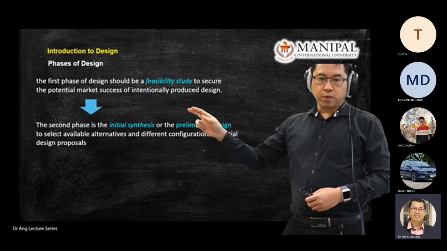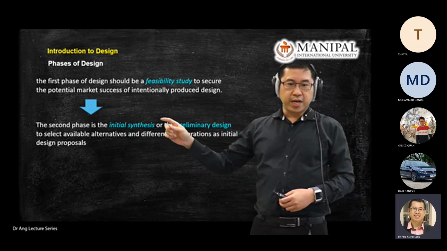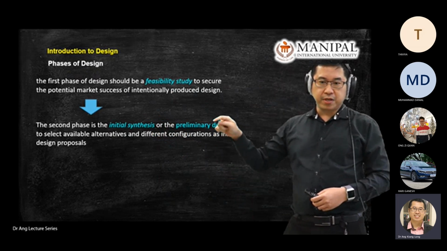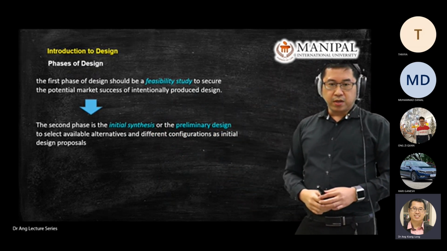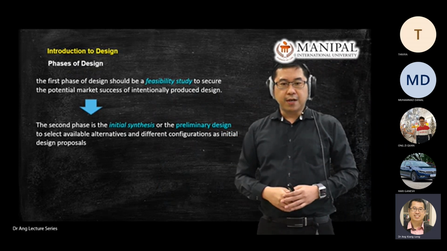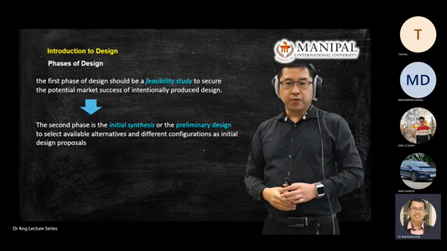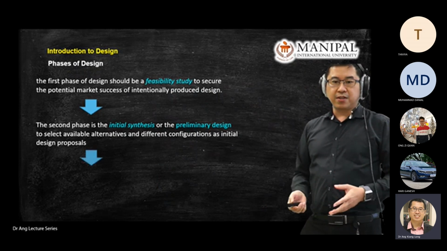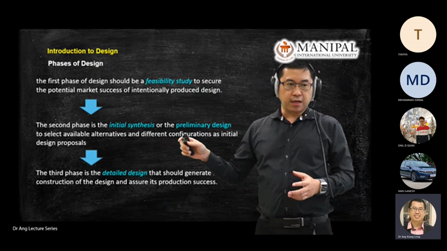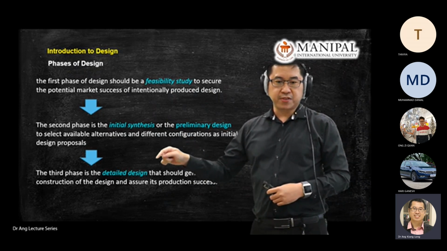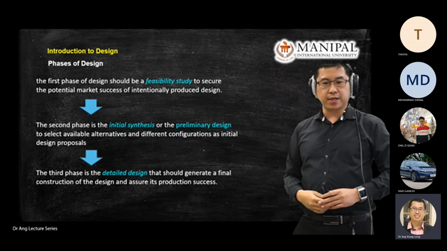Then you move to the second phase, where you do the synthesis and preliminary design, where you come up with a few options or alternatives of your design. Then you choose the final design and put it into more specification.